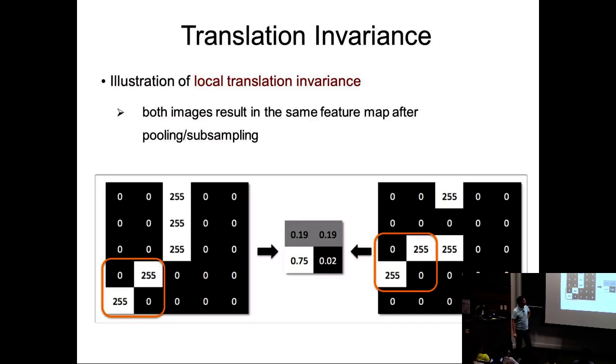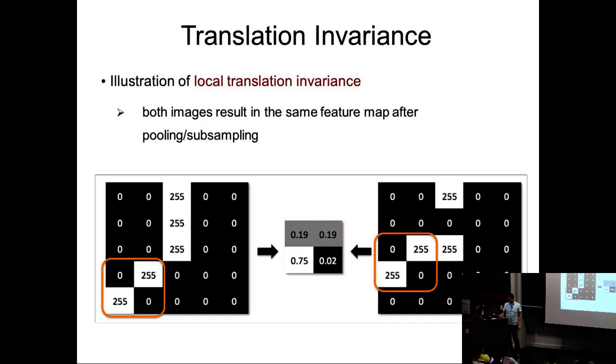So what happened here is both of these images will have the exact same feature map. And notice that this image is translated up by 1 pixel. Right? You see that? This part of the input is translated up, right?